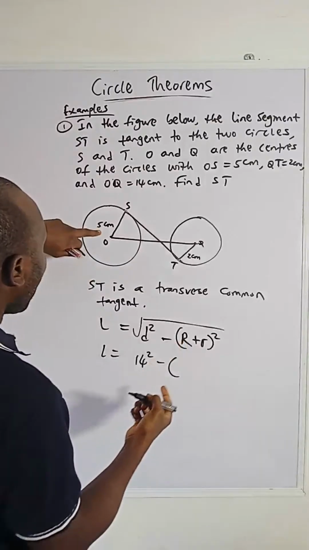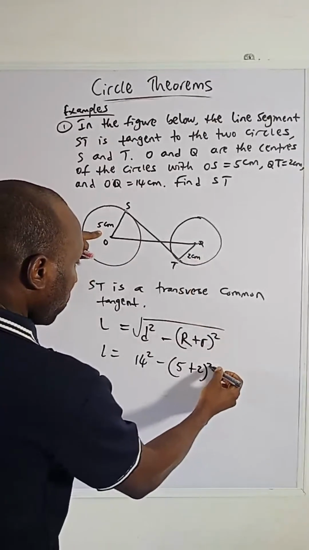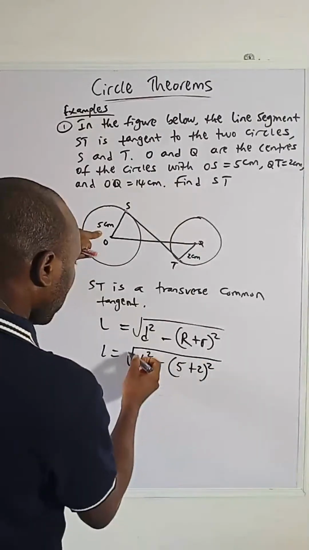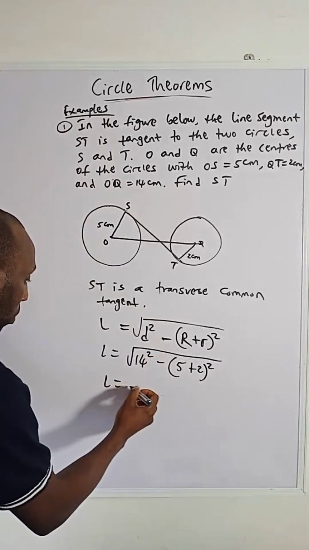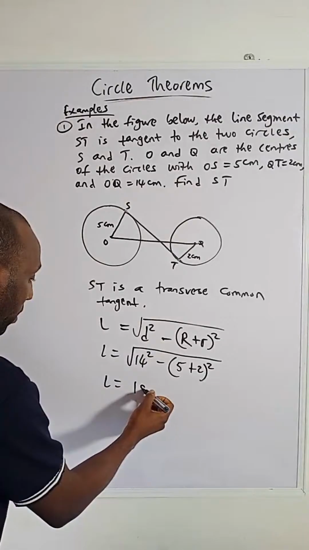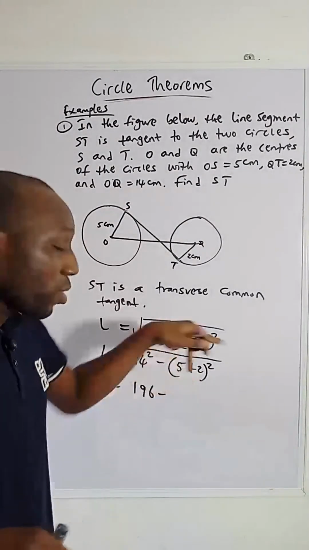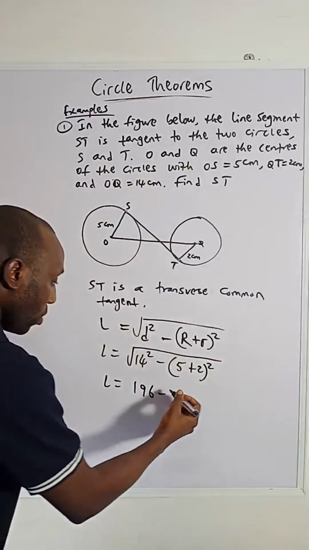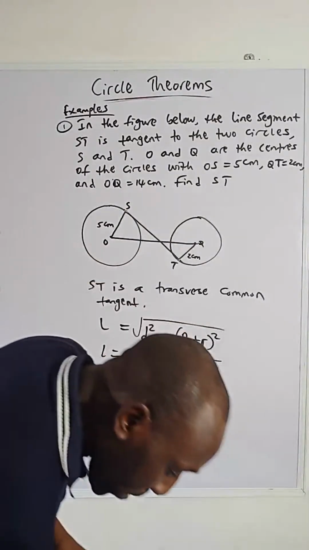Big R is 5, as you can see here, plus small r, which is 2. You square it, you wrap everything in this radical symbol. Hope that makes sense. So L will be equal to 14 squared, which is 196, minus 5 plus 2, that's 7. And when you square that number, you get 49.